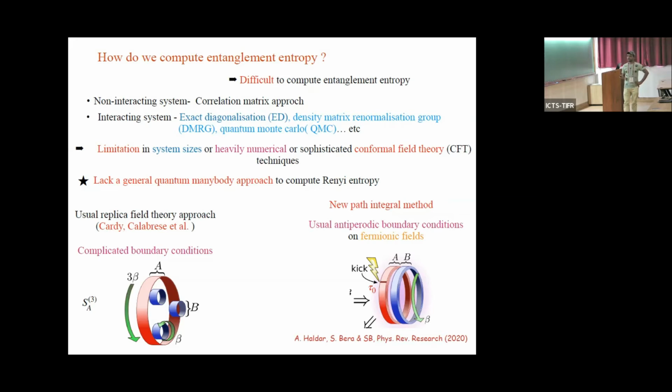This is a new path integral method developed in our earlier work with Surajit and Sumantra, where the complicated boundary condition is simplified by introducing a kick term in the A subsystem at some imaginary time tau naught, and the boundary condition is a simple antiperiodic boundary condition on both fermionic fields. So it is now simplified, at least in terms of the path integral.